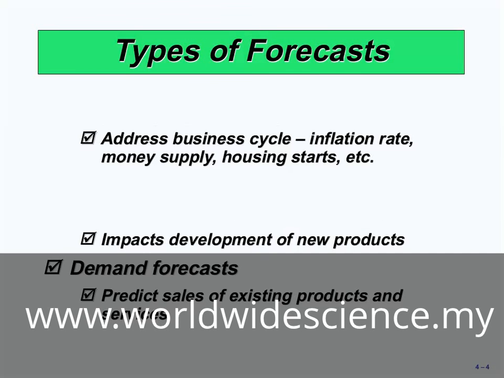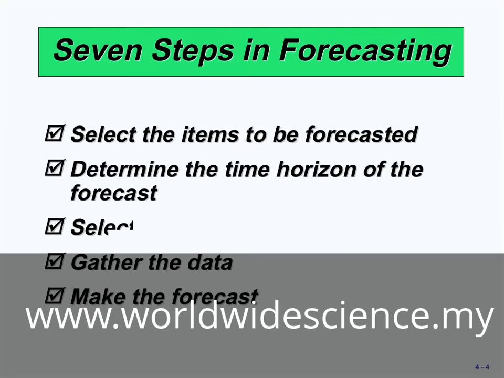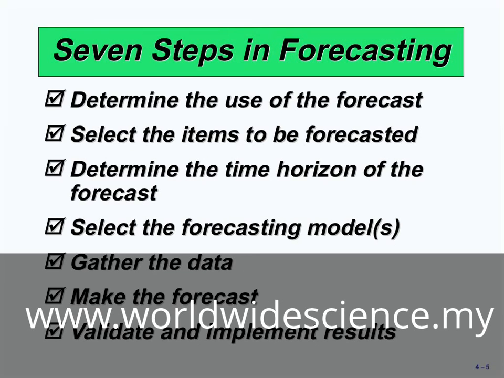Let's go through the steps in forecasting. At first, determine the use of forecast, then select the items to be forecasted. For example, demand. For example, the inflation rate. The items that you want to forecast. Is it technological, is it economical, or demand? Then determine the time horizon of the forecast.